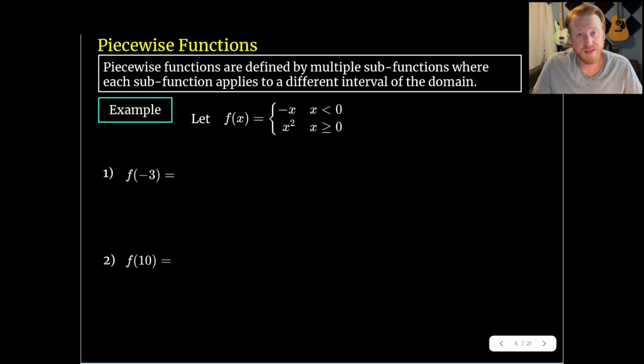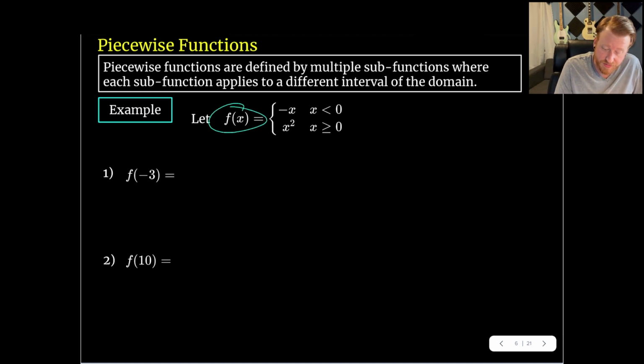All right, next on our list here is piecewise functions. Piecewise functions are defined by multiple subfunctions. So you can see I've got this function f of x, but depending on the interval of the domain, we assign a different subfunction.